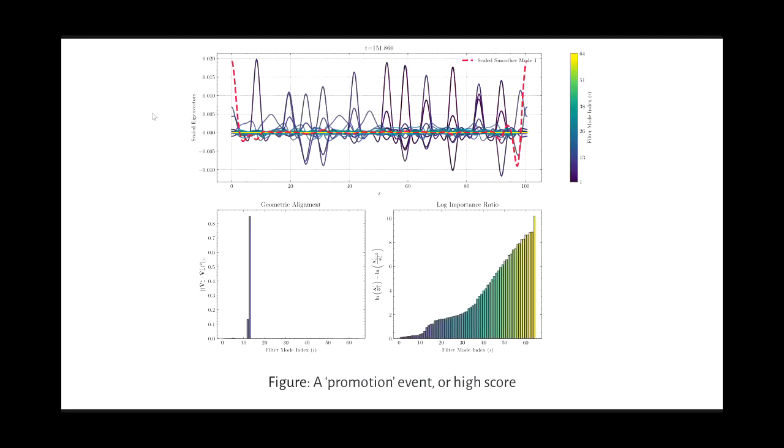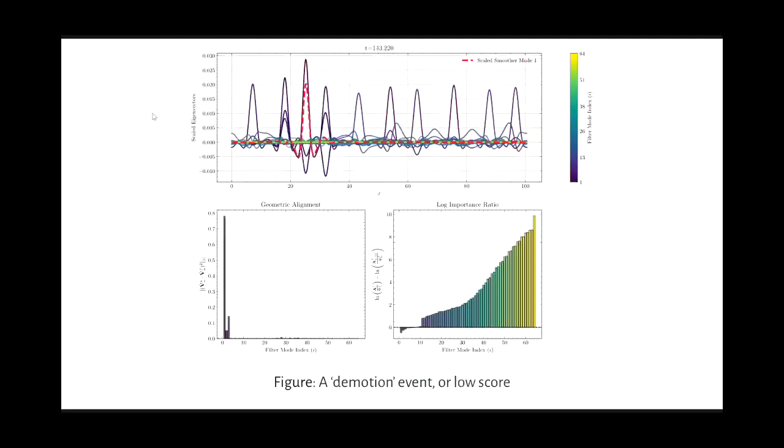I think it's the 11th and 12th modes of the filter that the smoother primary mode is aligned with. Basically you just take these quantities, multiply them, and then add them. And that's how you get a score. So that's what a promotion event looks like, and it looks pretty good. It's kind of like the smoother is saying, you need to really focus and allocate more variance to the very edges.